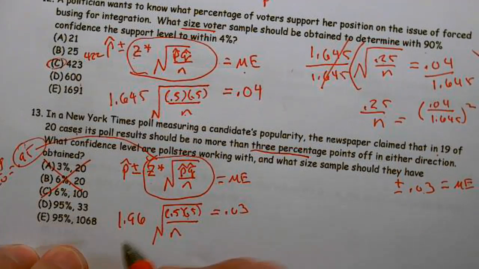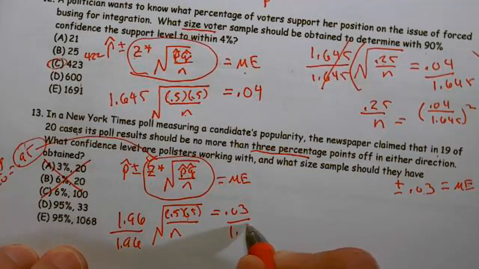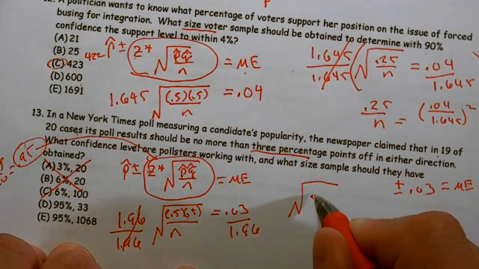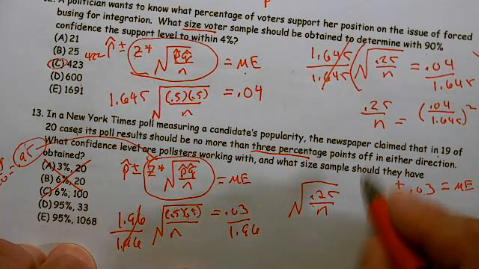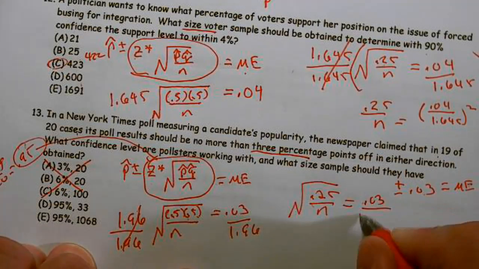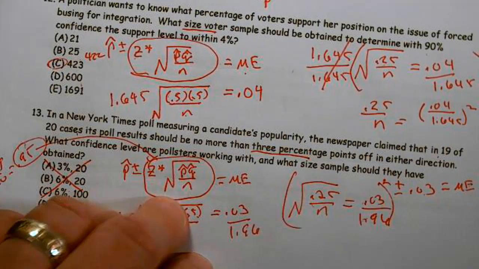So I'm going to take both sides and divide by 1.96. This goes away. So this is going to give me 0.25, because this times this is 0.25, over n equals 0.03 over 1.96. I'm going to square both sides.